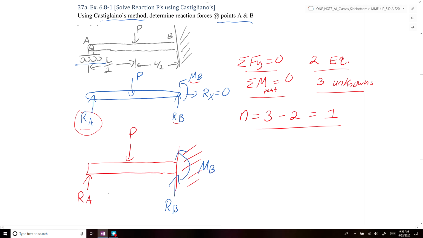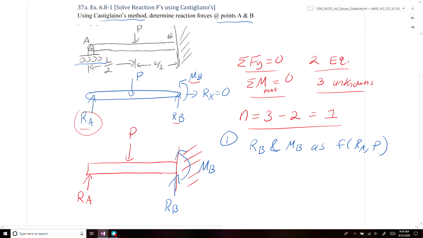We're going to pretend that this is our problem statement, and then we're going to rewrite RB and MB as functions of RA and P.